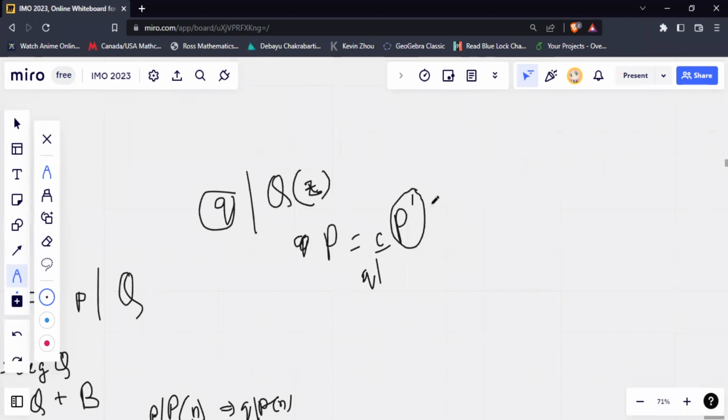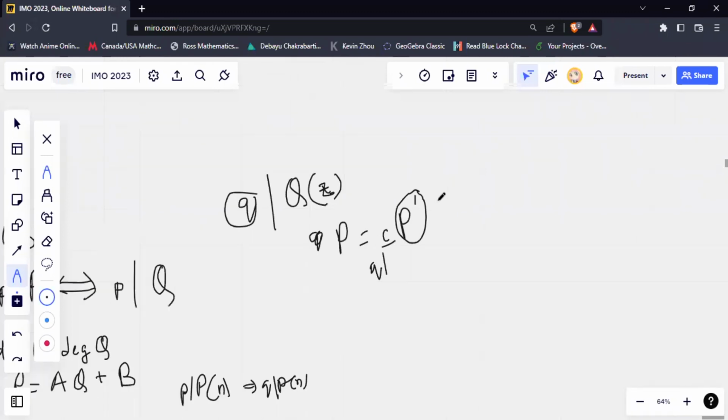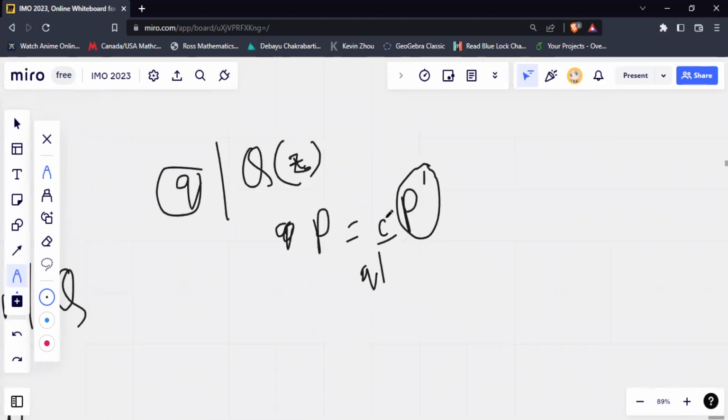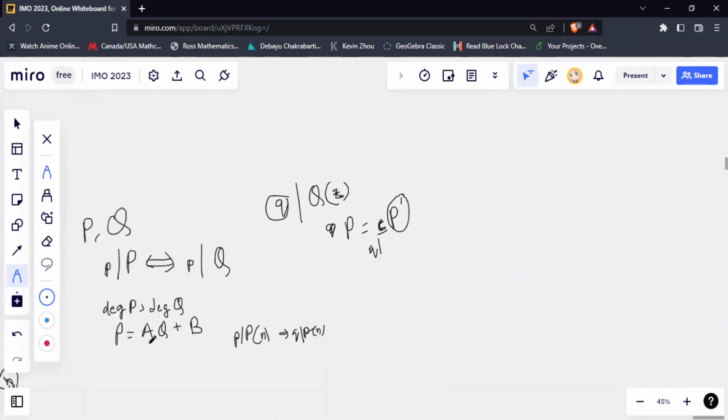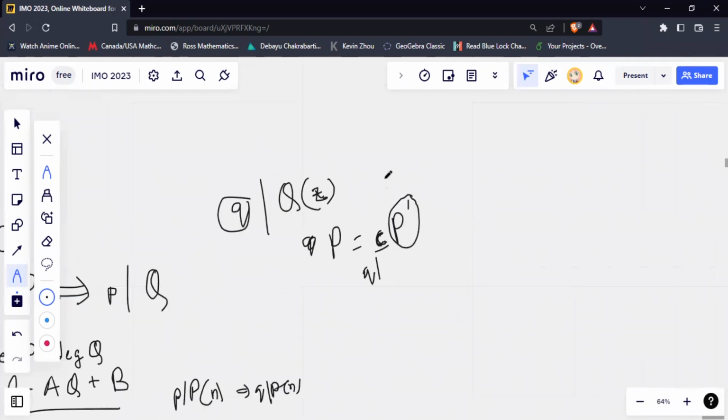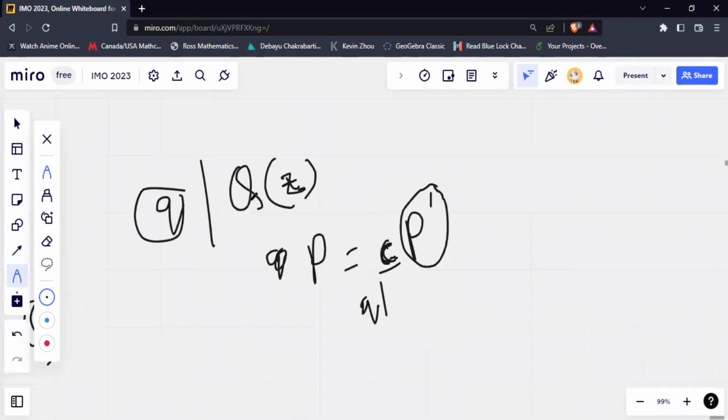Do people follow? So actually, if you have a large enough leading coefficient, then you can make some conclusions about this, because then you can do the Euclidean algorithm thing.